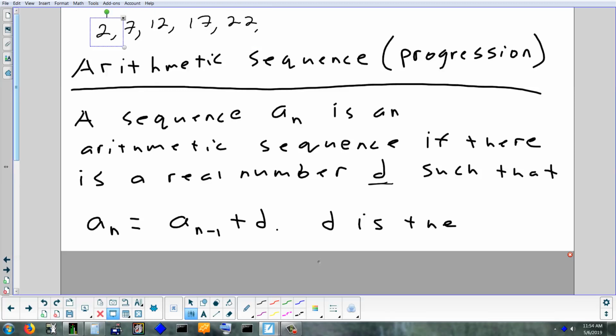When you subtract two numbers, what is that called? The answer. Yep. Difference.